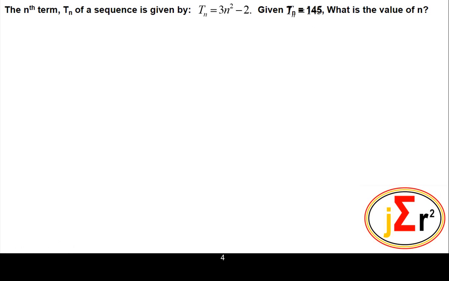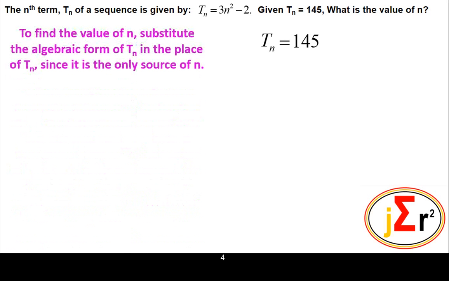Now, as usual, we take the term Tn and amplify that term. As we mentioned before, Tn is 3n² − 2, and Tn is equal to 145.